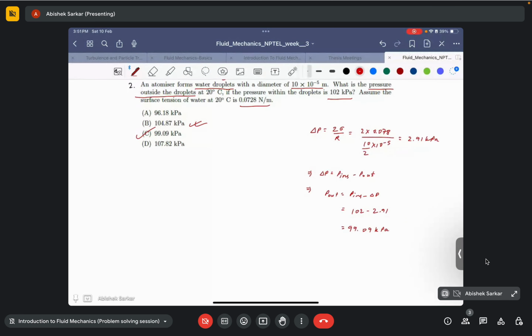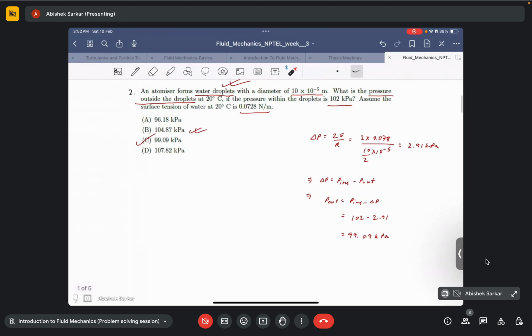See, what happens is, take a scenario. It is given that the pressure inside the bubble is 102 kilopascal, and you're telling that your pressure is turning out to be 104.87 kilopascal. Assume a spherical bubble, a very thin layer.